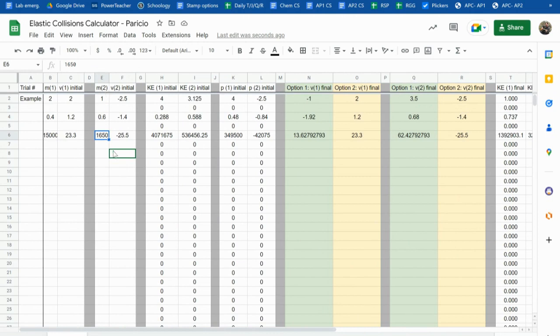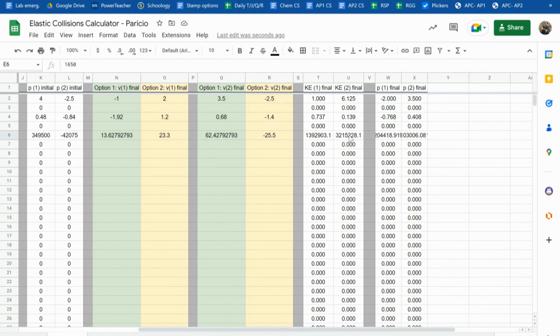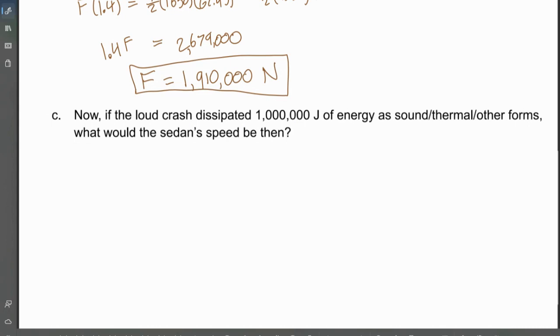So if we take the final kinetic energy of object 2, but now let's say that decreases by 1,000,000 joules, we have 3,215,000 joules. So KE final, that's for the sedan, 3,215,000 joules.